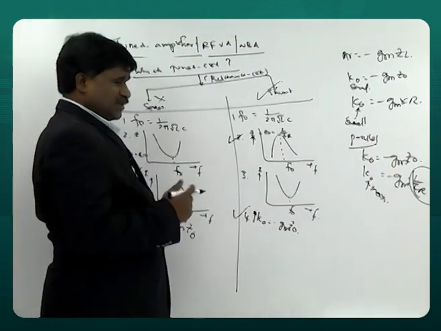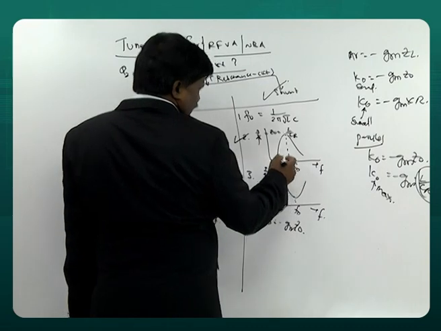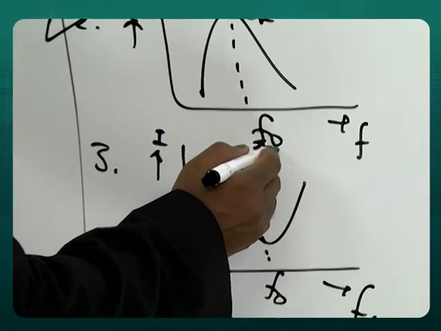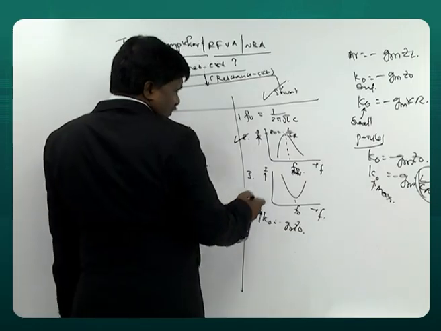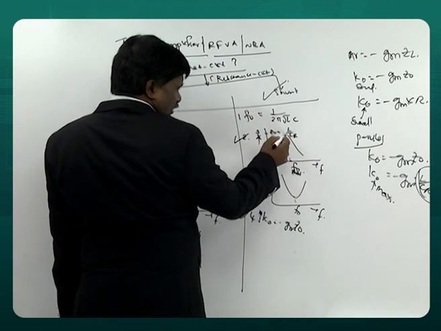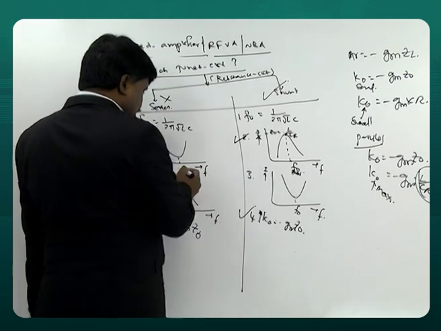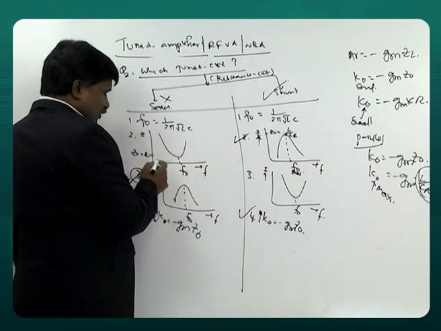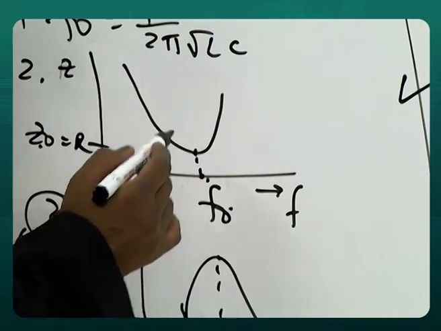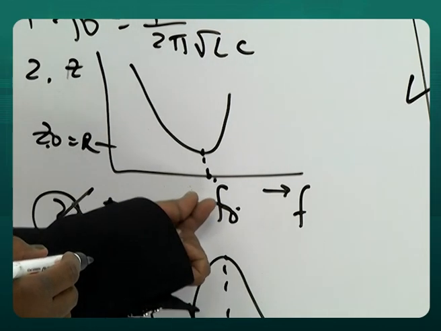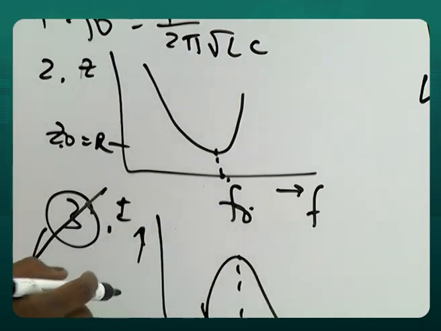For example, suppose this is a TV. When you tune to that, you get the maximum output. That's good. Suppose if you take this TV here, when you tune it, it will give less sound. Less sound coming at tuning is very difficult.